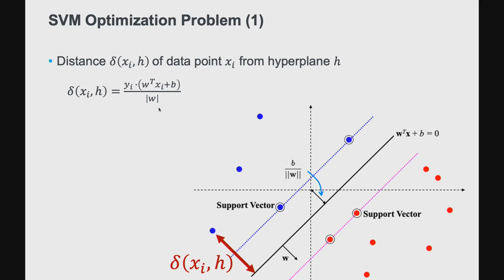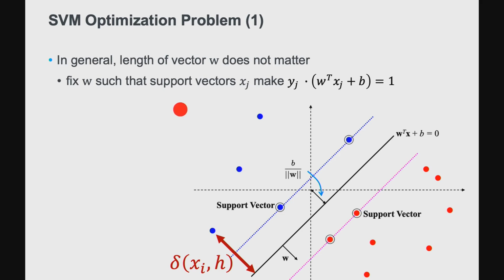So we can choose whether we want to have a perpendicular vector which has unit length 1 or some other length. But this then eventually gives us the distance when we divide by the length of this w in this Euclidean space. Okay, so this is now our distance formula, how far the points are away. And of course, if the distance is positive, then the point is on the right side. And if it's negative, then the point is on the wrong side of this plane.